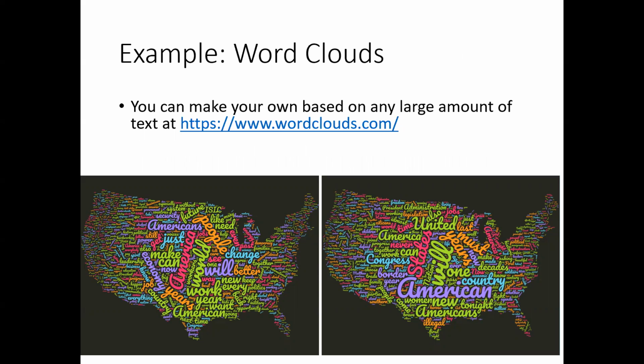addresses, and we can see similar structure between them. You get a lot of America, you get a lot of world, will, states, country, years, can, and now appears quite frequently in them.